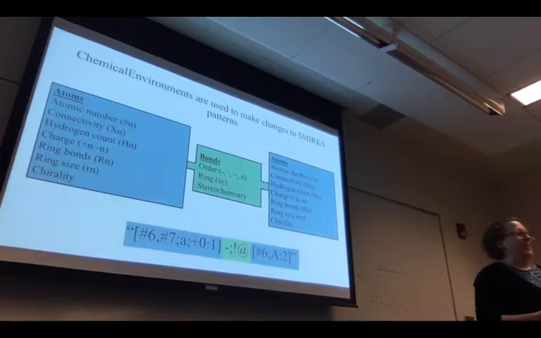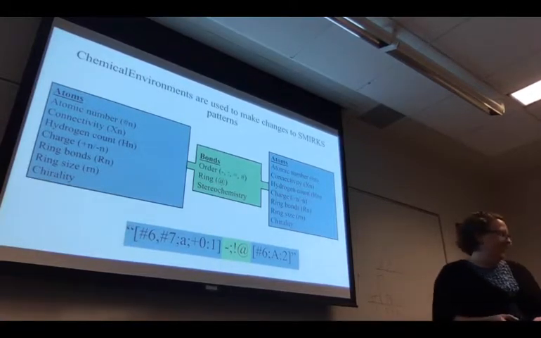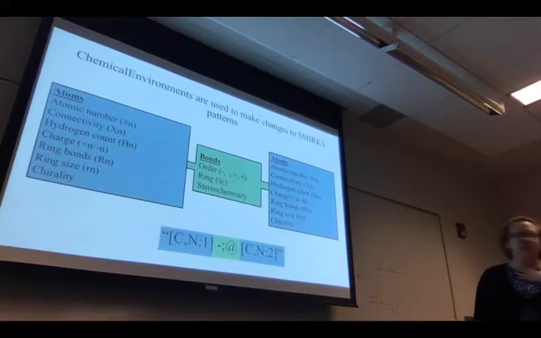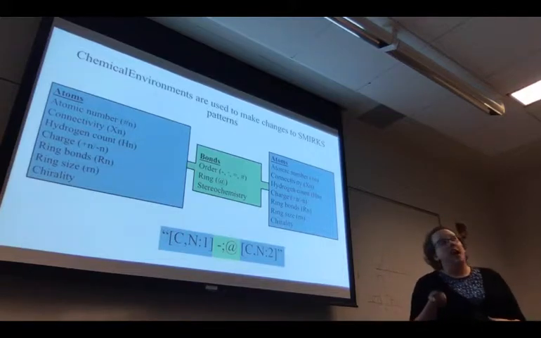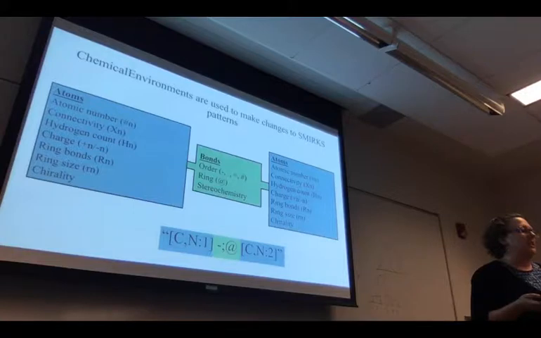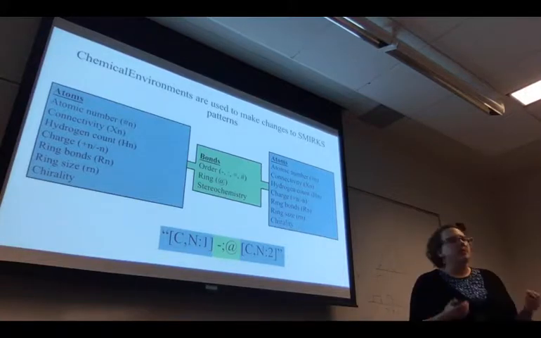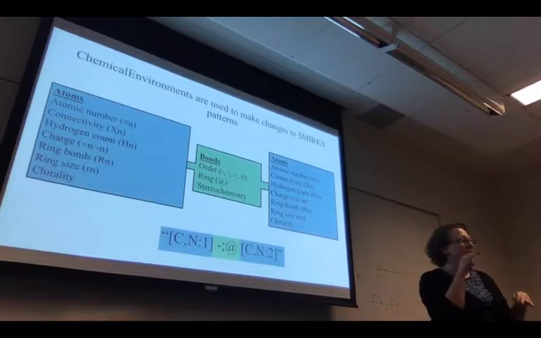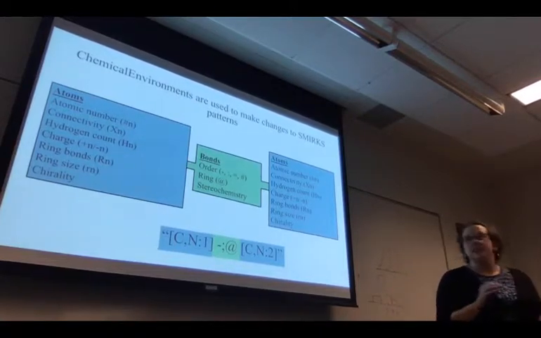This will get even more complicated. It doesn't matter, it's equally valid to put a C or a #6. In the letters, a capital letter indicates aliphatic and a lowercase letter indicates aromatic. For our purposes, we've largely been using the element numbers and then a decorator that indicates aliphatic versus aromatic.